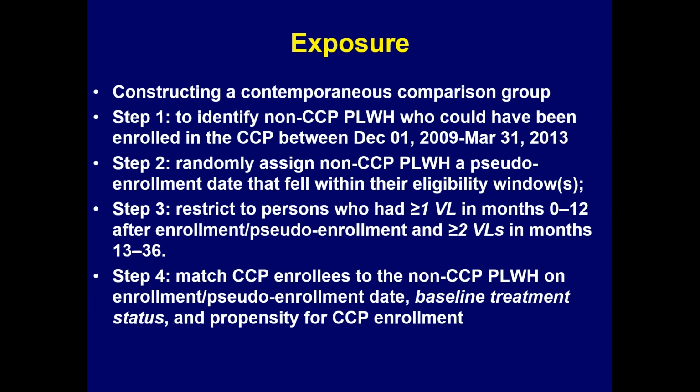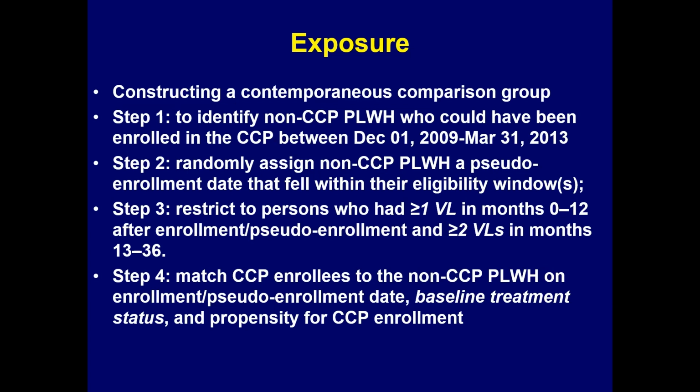Imagine if people have less frequent viral load assessments, that means they will probably move out of New York City, or are not comparable to the CCP clients, because to be eligible to be a CCP client, they have to be residents in NYC and also receive more frequent care. And the last step is to match the CCP enrollees to the non-CCP people living with HIV on their enrollment or pseudo enrollment date, their baseline treatment status, and the propensity for CCP enrollment.